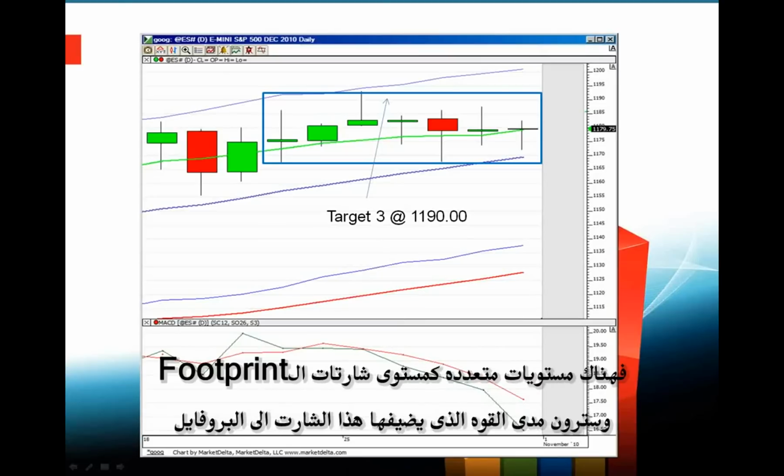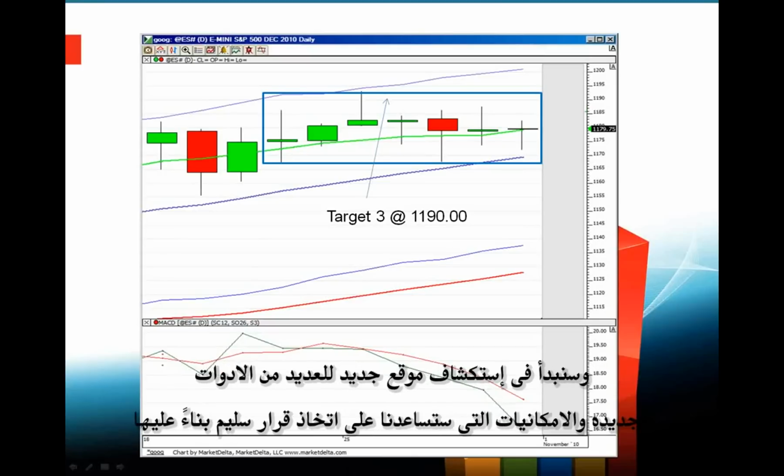Now, there are different levels, and certainly if we take a look at some of the footprint charts and the power that they add to the picture that we have, we begin to open up a whole venue of other opportunities and other analytical decisions that we can extract from that information.